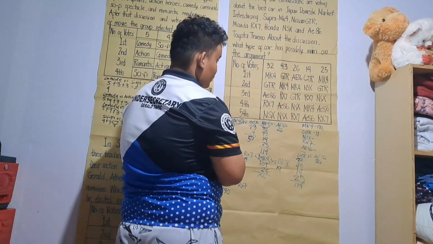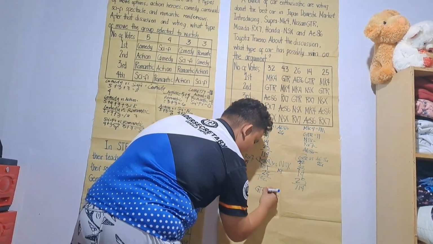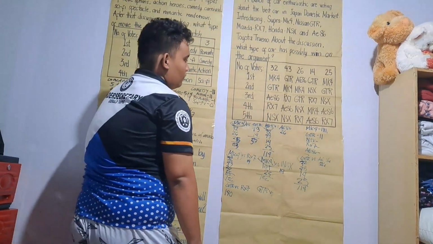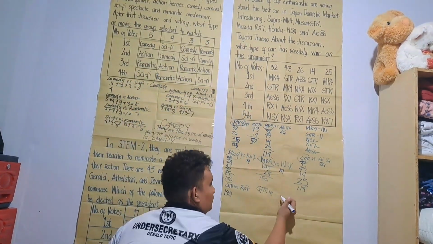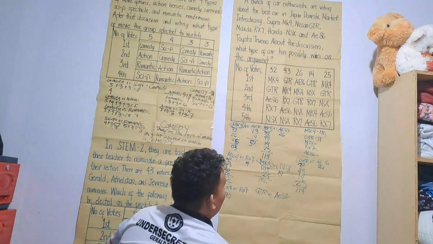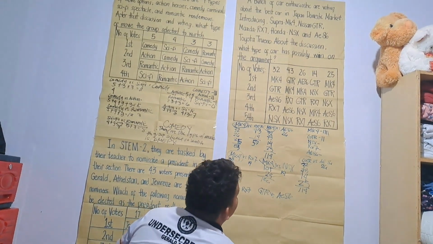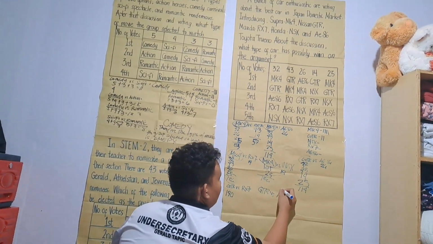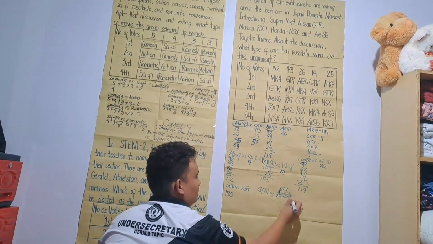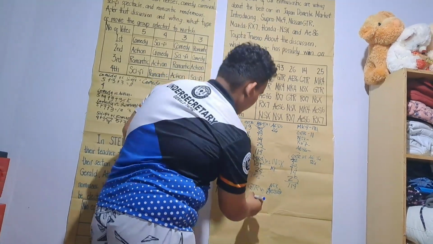So the next matchup is GTR versus AE86. I know, sorry, I'm wrong. GTR versus NSX. NSX pala to. So in the first column, GTR has 32.